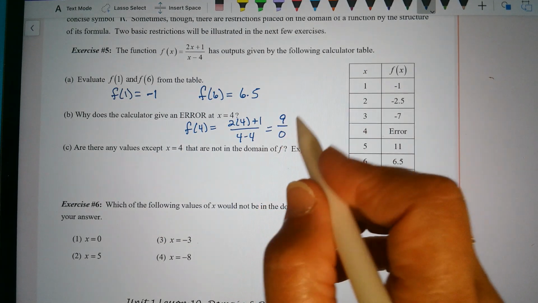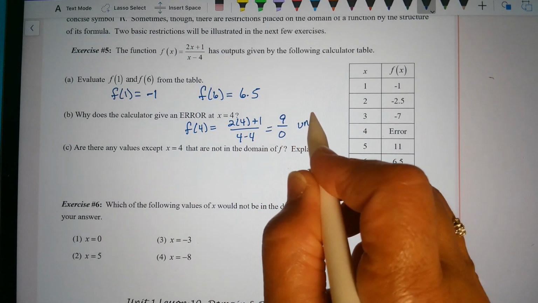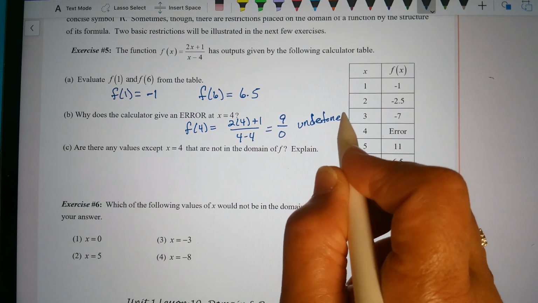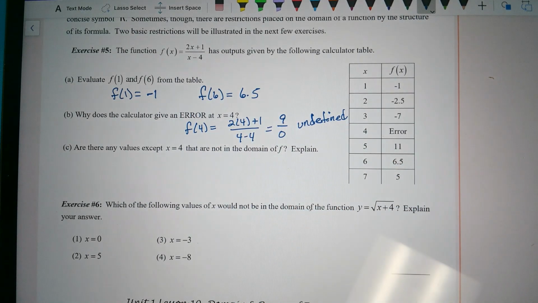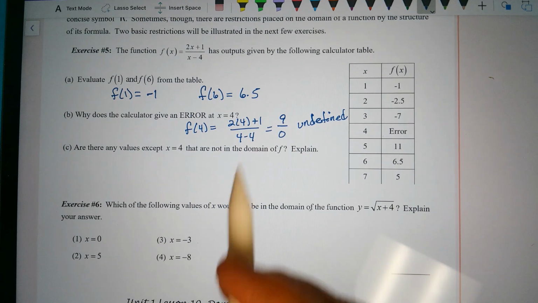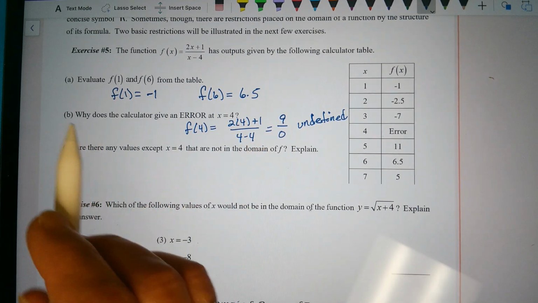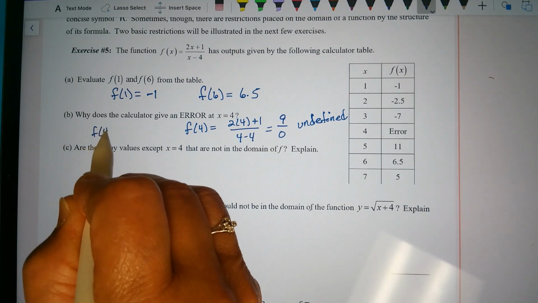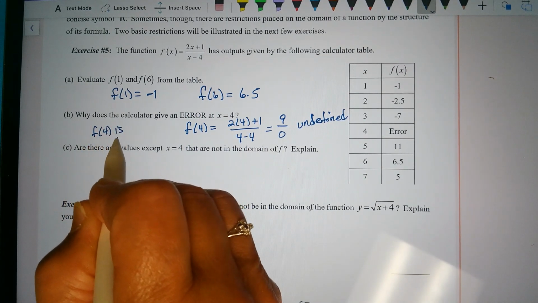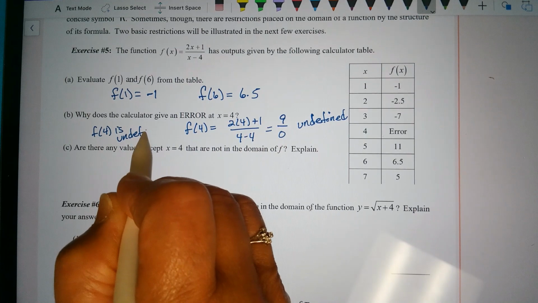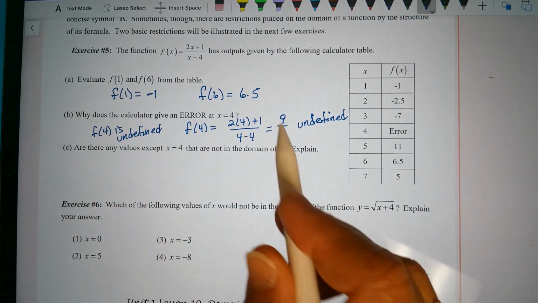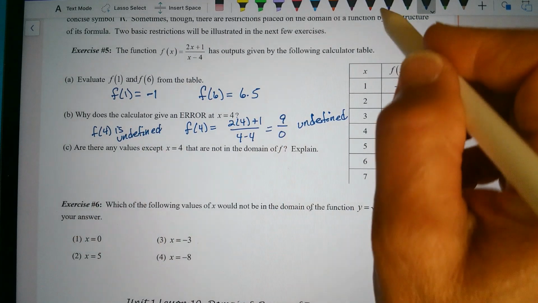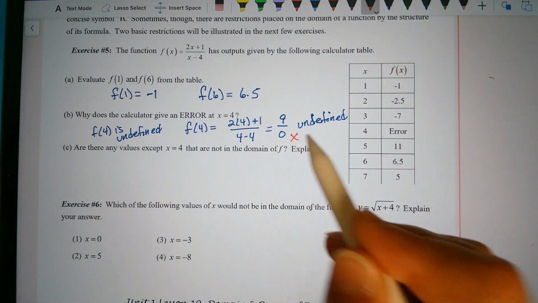What's 9 divided by 0? It's undefined. It's not real. That's why, because f of 4 is undefined. We cannot divide by 0, so it gives us an error.